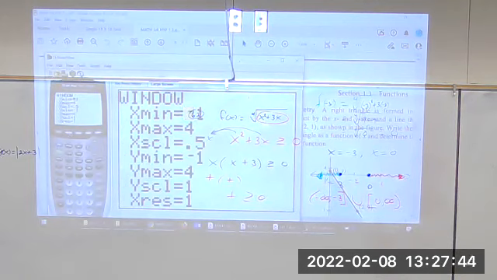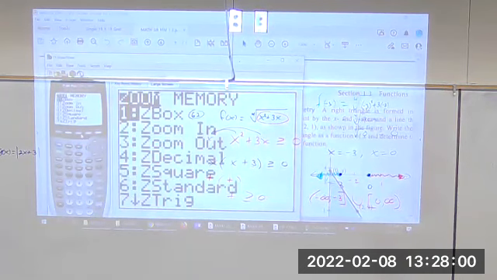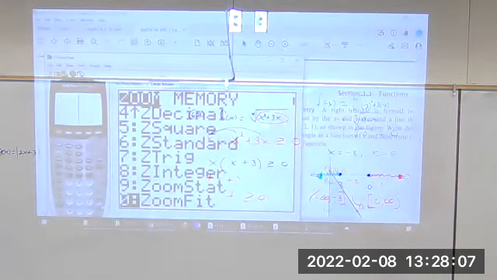I'm going to make it just a nice simple -5 to +5 on the x-axis with an x scale of 1. Now I have no idea what the y's are going to be, so I'm going to now do a zoom fit. And the calculator will take care of figuring out what my y window will look like.